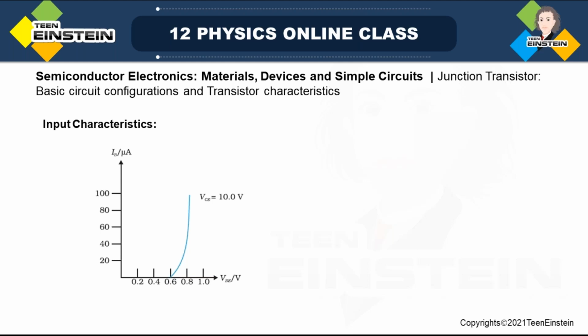See, what are input characteristics then?